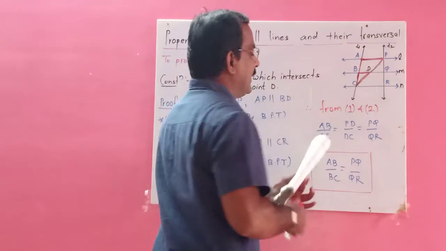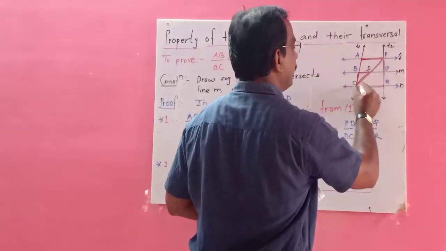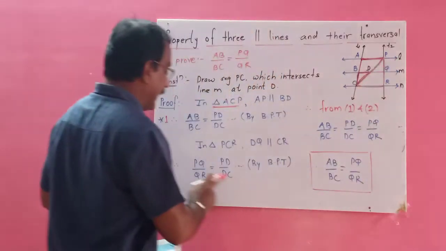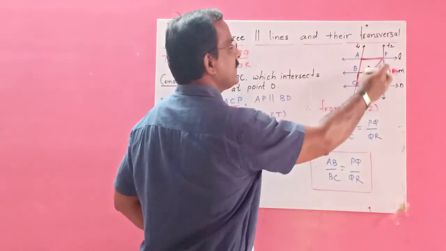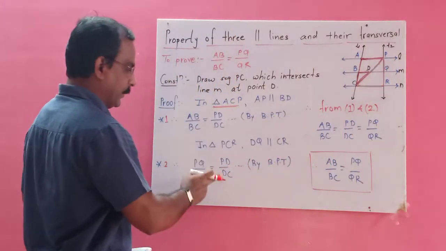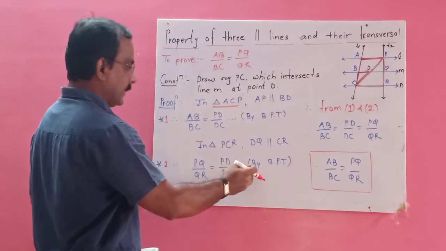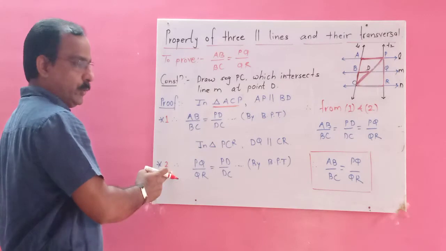Apply BPT in this triangle, that is PCR. So what you will get here? PQ upon QR is equal to PD upon DC, by BPT. This is point number 1, this is point number 2.